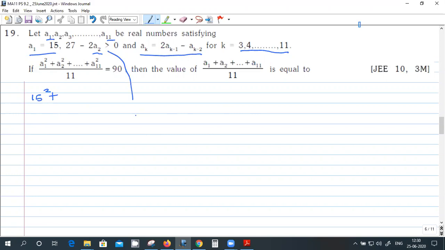So this means that A2 is less than 27 by 2. And this means A3 is 2 times the previous one, A2, minus A1.